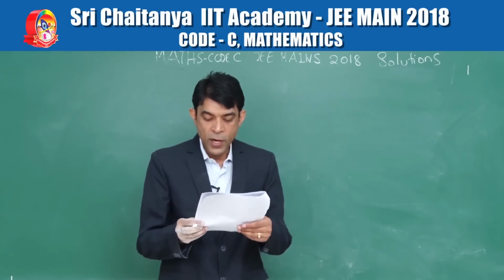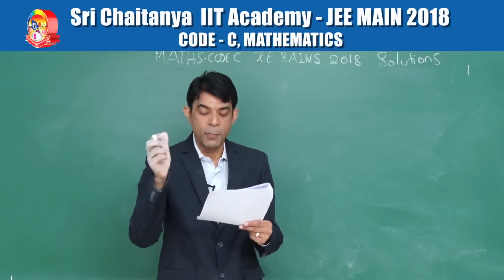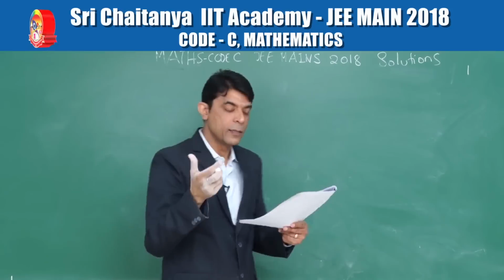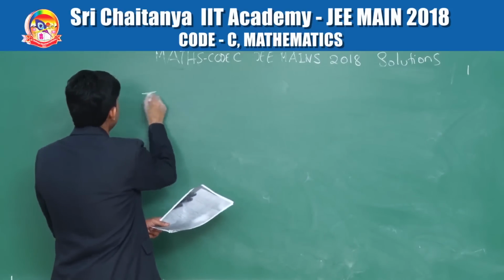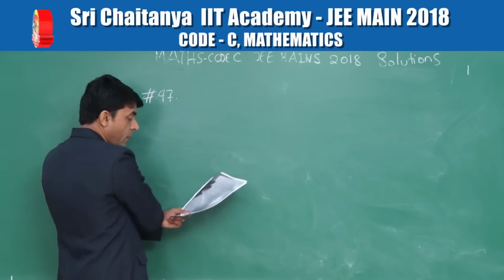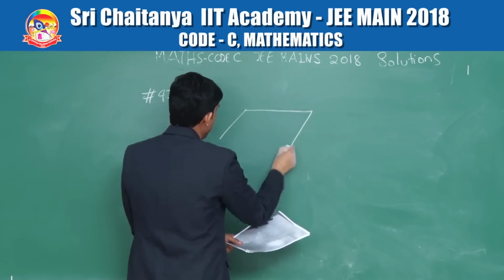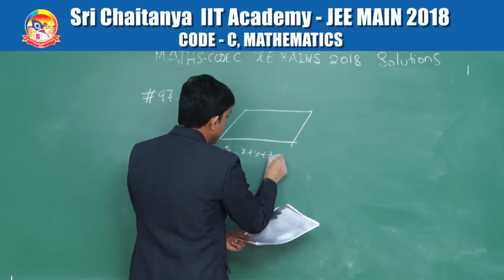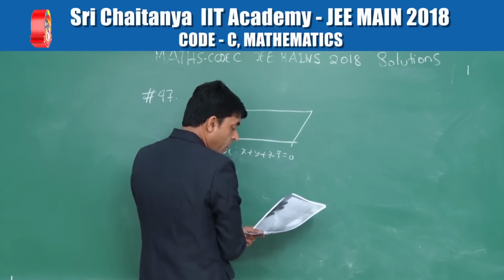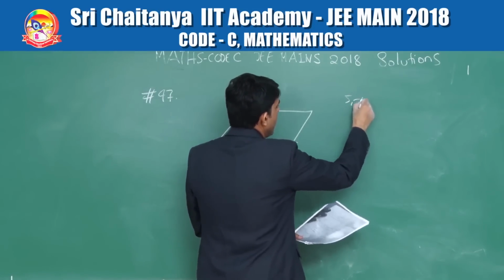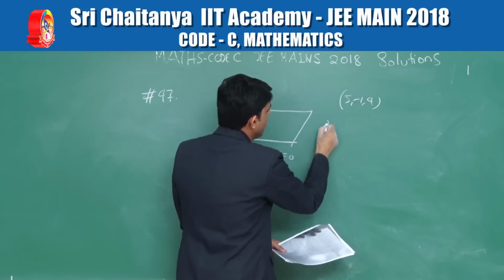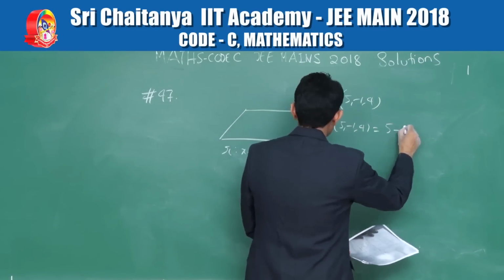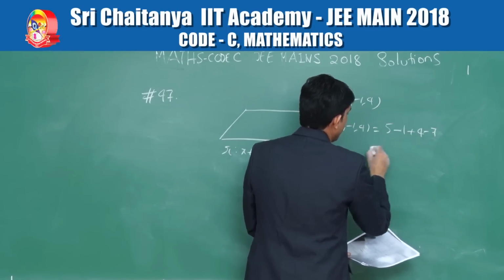47. This question relates to the projection of a segment joining some points on the plane. It's best done geometrically. That's the simplest solution we can have. Observe that the plane happens to be pi: x plus y plus z minus 7 equals 0. We have the points 5, minus 1, 4. So pi at 5, minus 1, 4 gives you 5 minus 1 plus 4 minus 7.